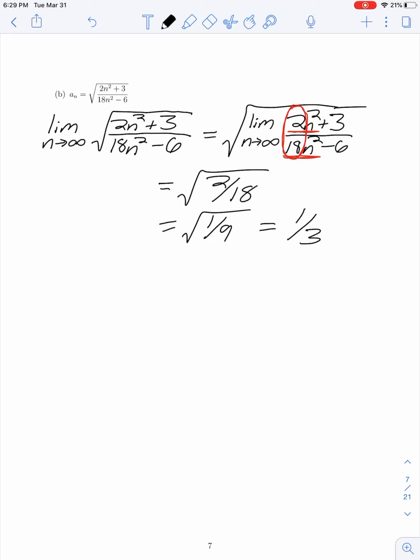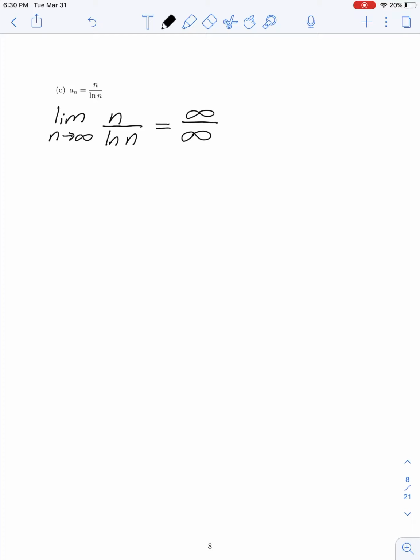If we take the limit of the numerator and denominator separately, both become infinitely large. So as we saw in that first example, we have an indeterminate limit of the form infinity over infinity, which means that we could apply L'Hopital's rule.